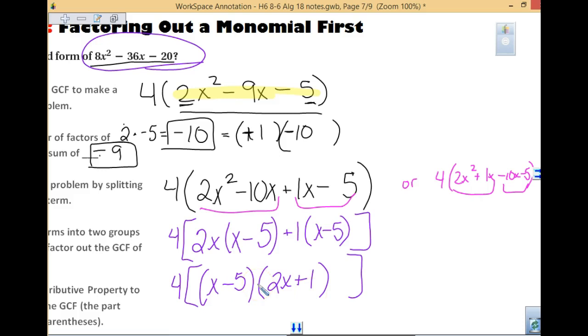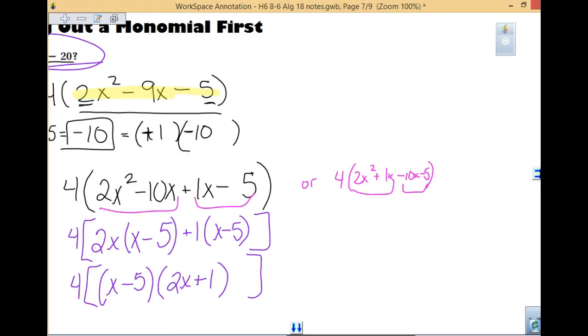So we are going to finish this one over here, just doing it the same way so that you can see. If we are looking at it, what's your greatest common factor in this first pink one? Just 1x, right?